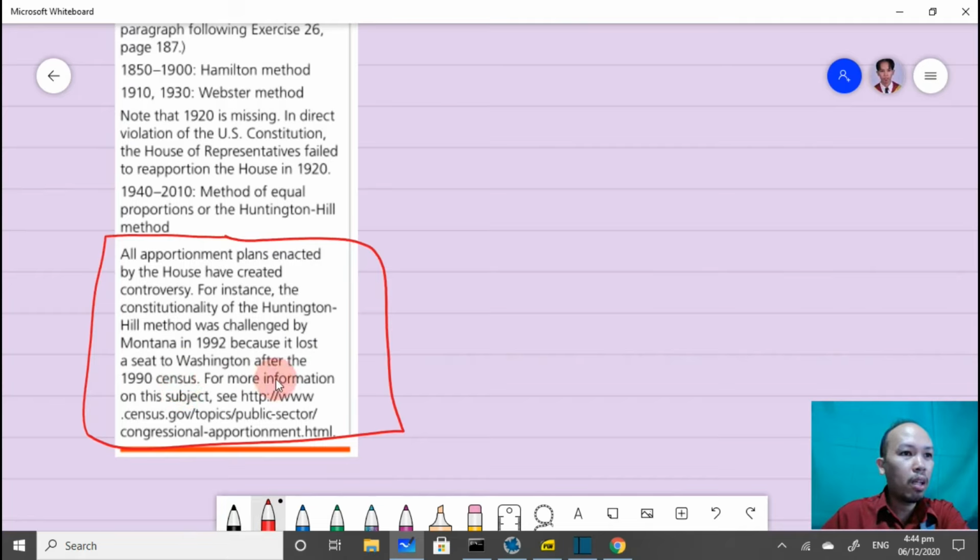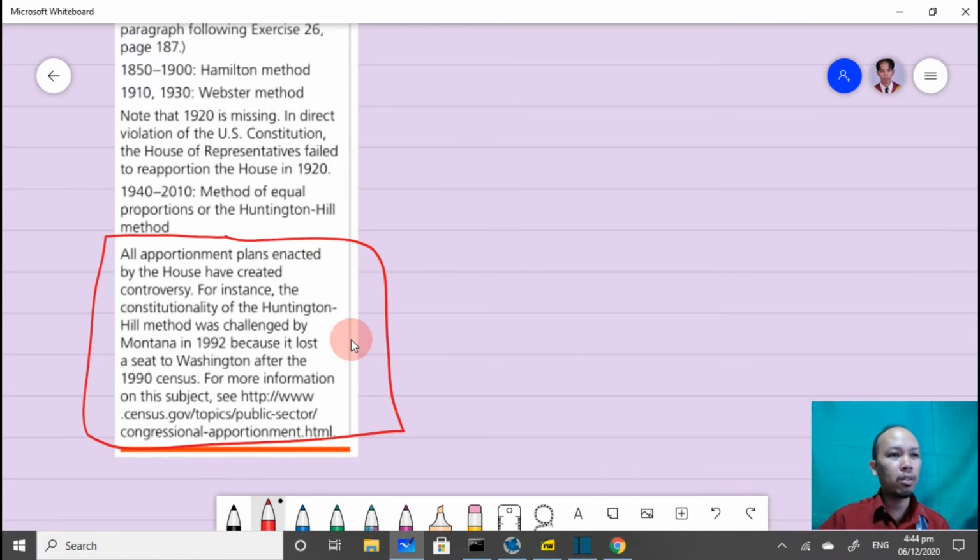However, if I remember it correctly, there's a precedent where someone chose a particular apportionment method because for him it would benefit his hometown. It will add one more representative.